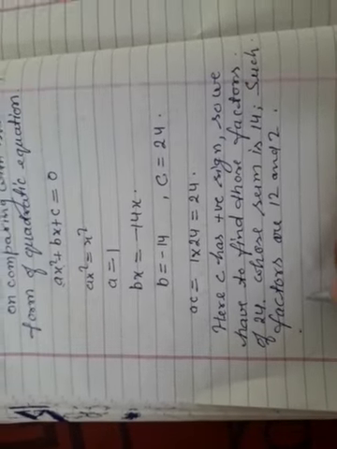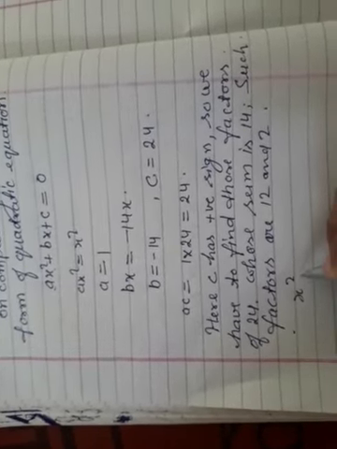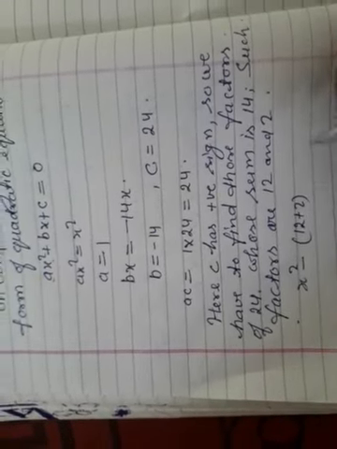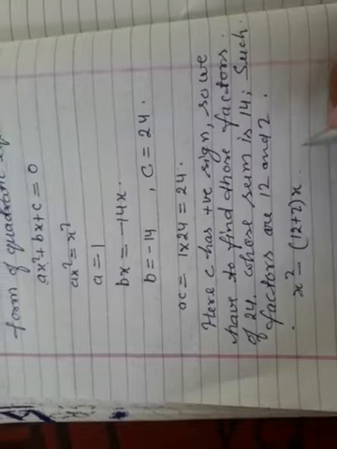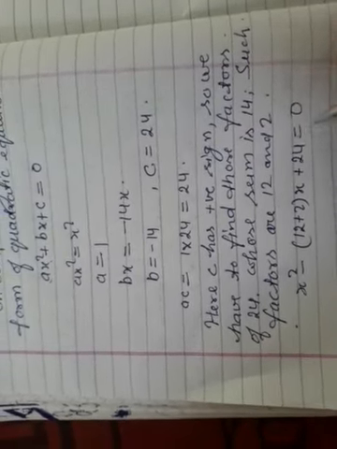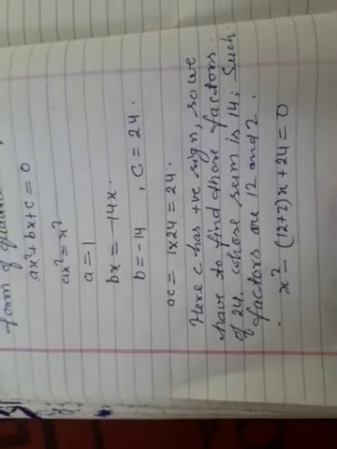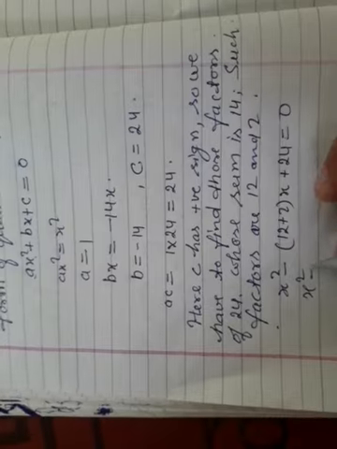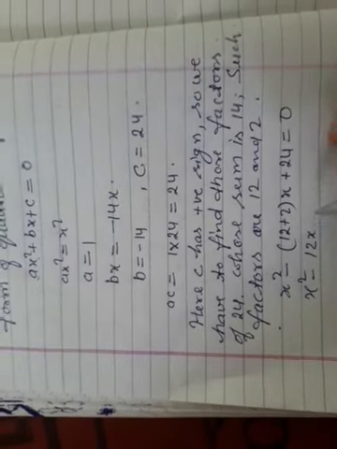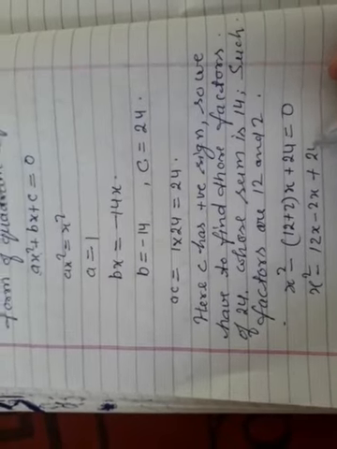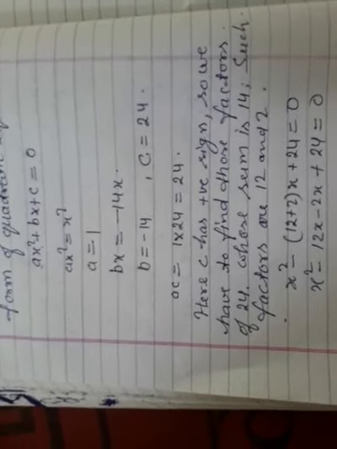Now x square minus 12 plus 2 x plus 24 is equal to 0. Now this is factorized. Open the brackets: x square minus 12x minus 2x plus 24 is equal to 0.